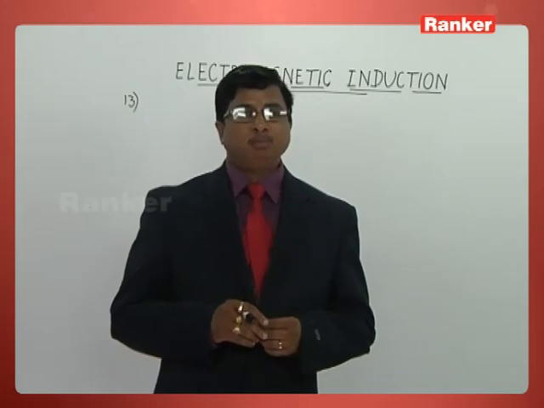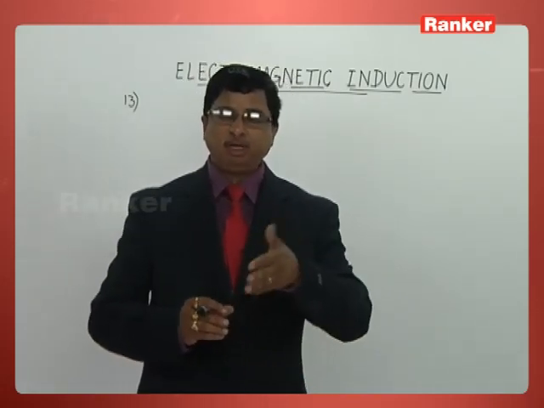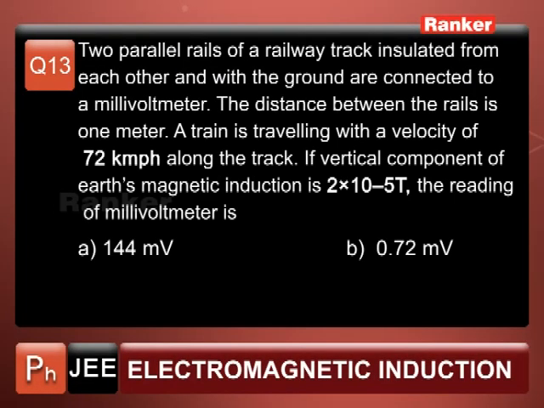The next problem, problem number 13, once again is based on induced EMF. Two parallel rails of a railway track, insulated from each other and with the ground, are connected to a millivoltmeter.